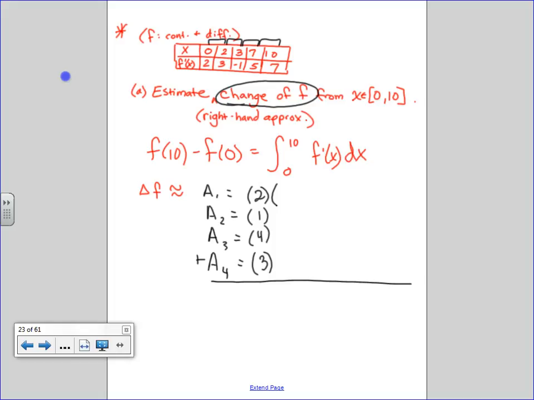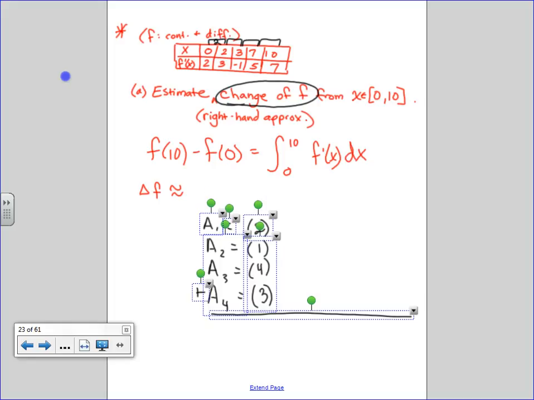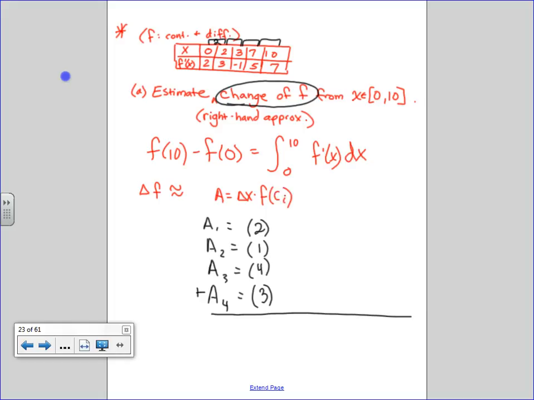And if I want a right-hand approximation, what am I going to multiply change of base of 2 with? Remember, if I'm doing areas, change of x of the first one is 2, and then I have to pick the y value on the right side of my interval, which would be f of 2.